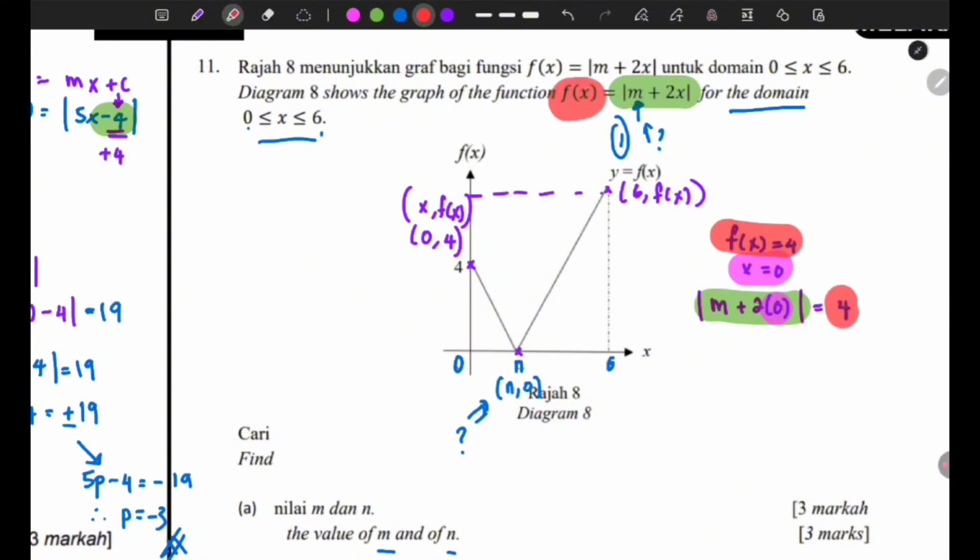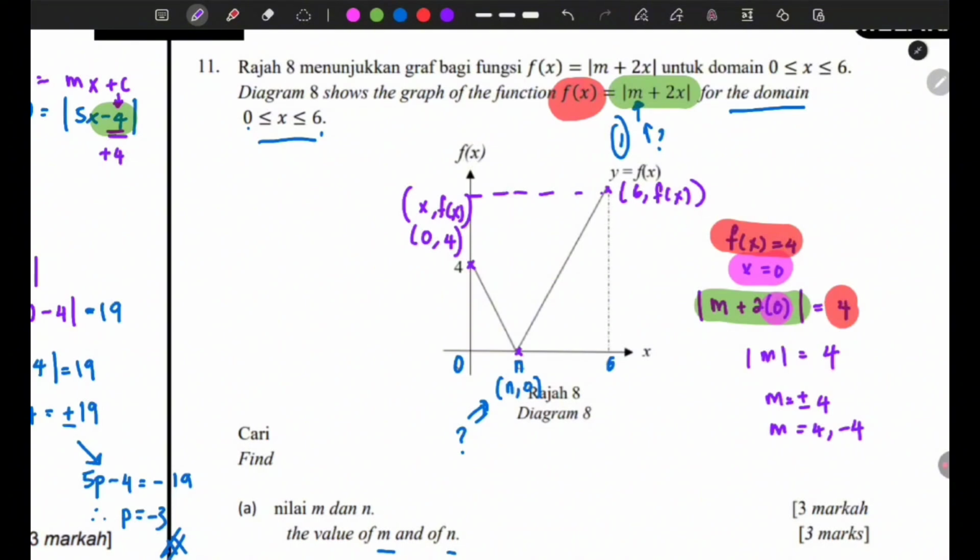I didn't do anything, I just substituted into the equation. So 2 times 0 is 0, and modulus m equals 4. Your modulus, you bring to the other side, it becomes plus minus. So your m can be 4 or negative 4.